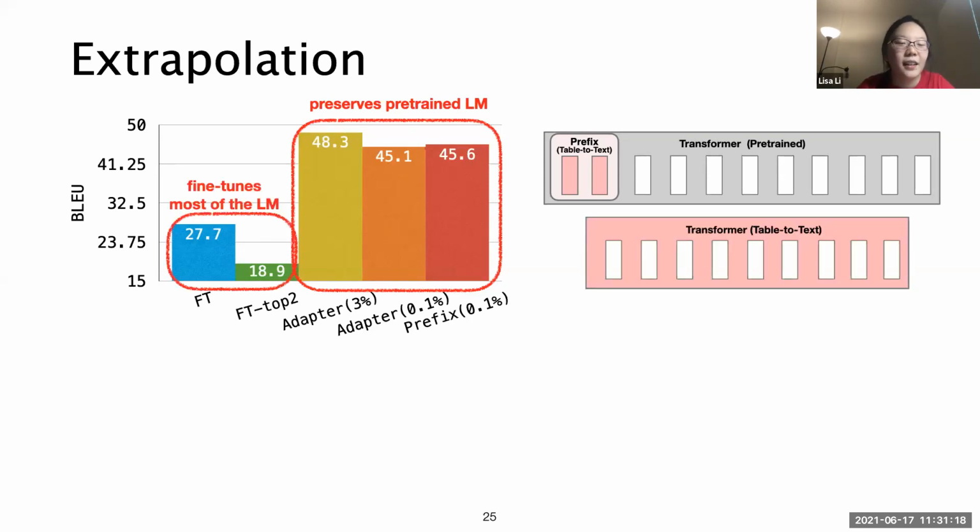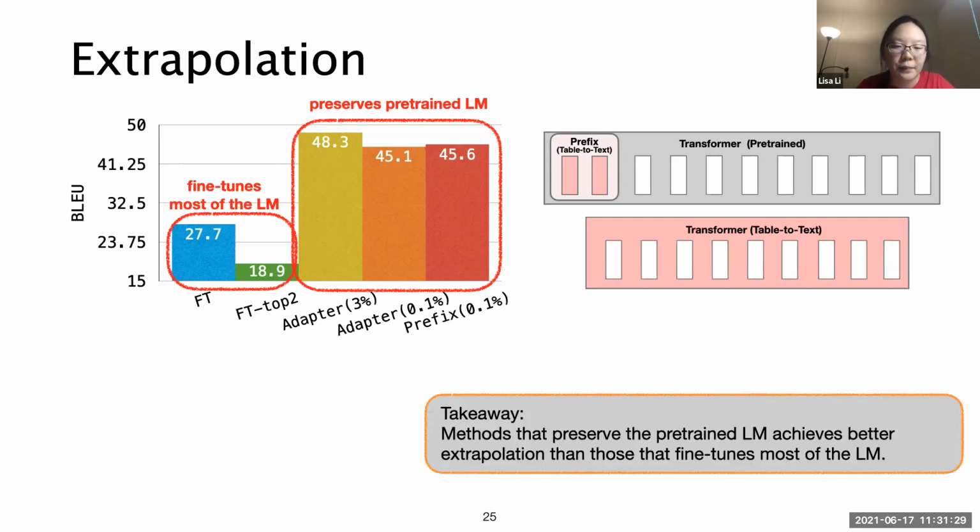And here is the set of methods that fine-tune most of the language model, meaning that most of the language model parameters are updated. So the overall takeaway here is that methods that preserve the pre-trained language model achieve better extrapolation than those that fine-tune most of the language model. This is an interesting result, and we will discuss it later in the discussion.